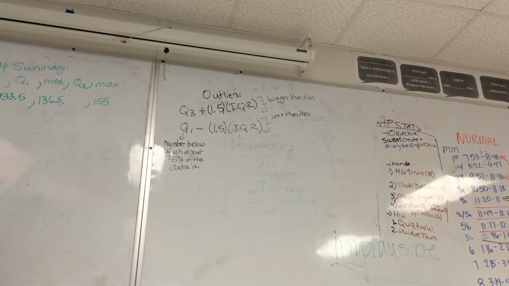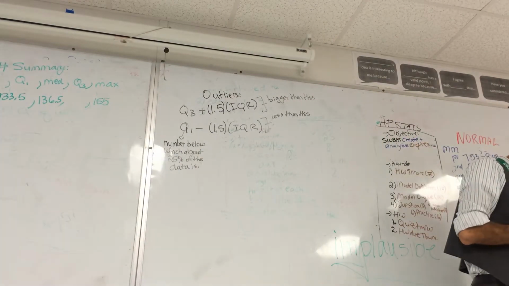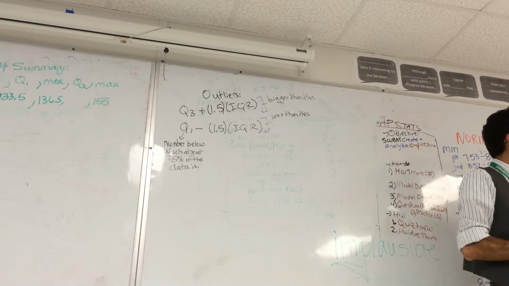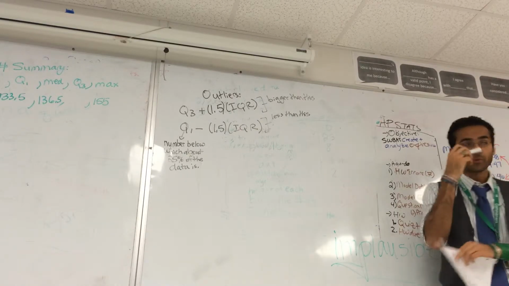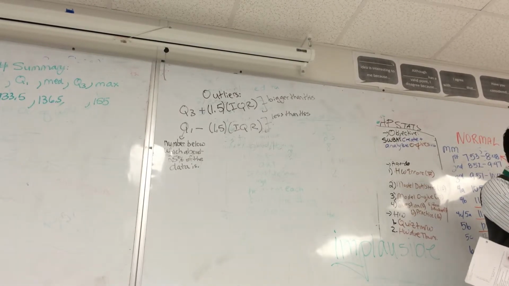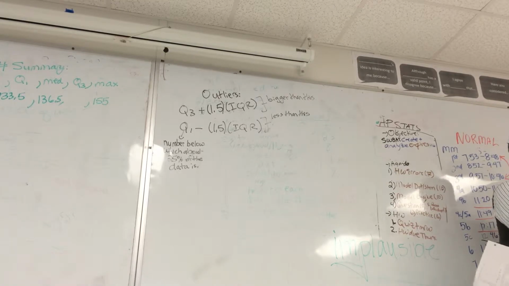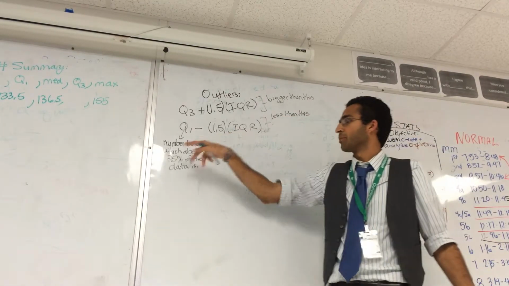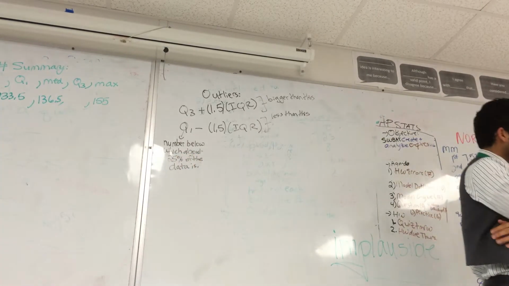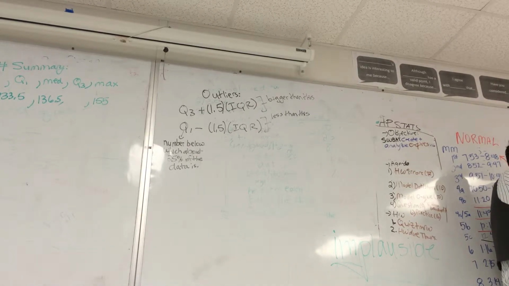Magali, we'll come back to you. You do it the exact same way Jalen did. What does Q3 represent? The 75%. We need a little bit more. Let's say this. If Q1 is the number below which 25% of the data is, what is Q3? The number below which, what percent?